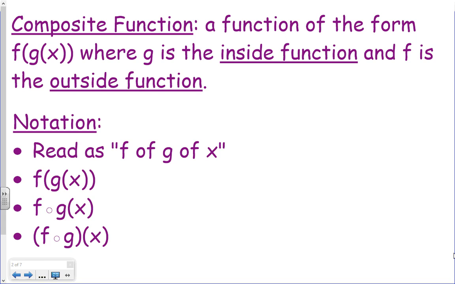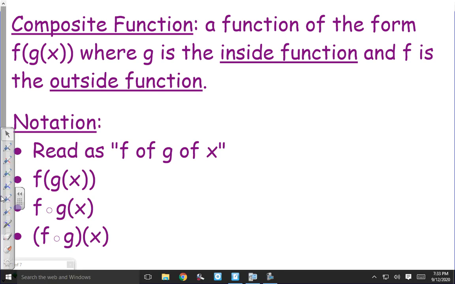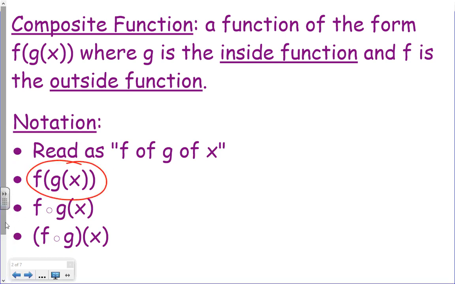I like writing it in that first form. I'd probably get used to writing it as f of g of x using just the parentheses. So if you see it in one of the other two forms, just rewrite it that way. But again, just so you recognize the symbols that we'll use for composition, there you go. It's that little open circle.